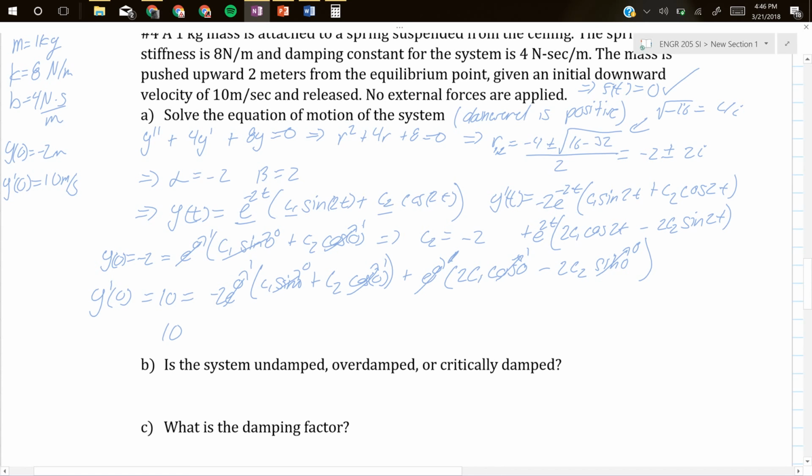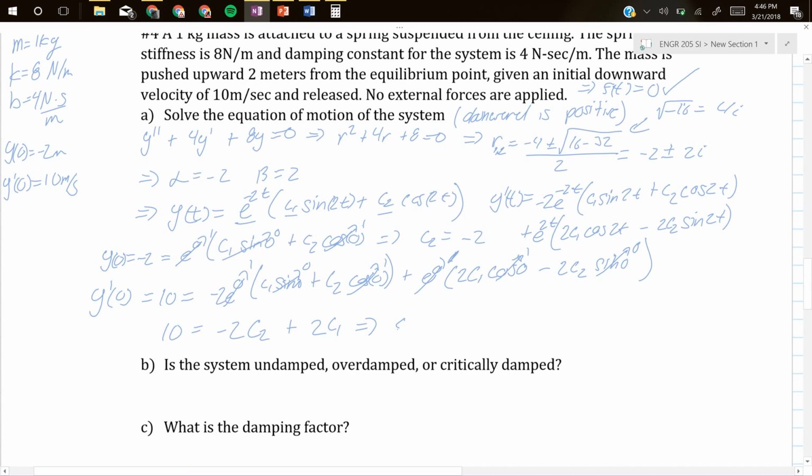All right, I'm going to clean this up a little bit. So then 10 equals negative 2 times c2 plus 2 times c1, and c2 equals negative 2.